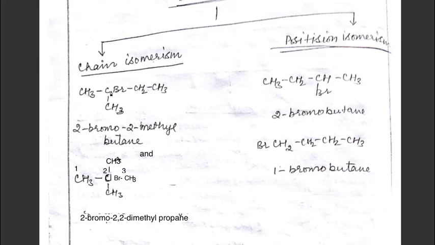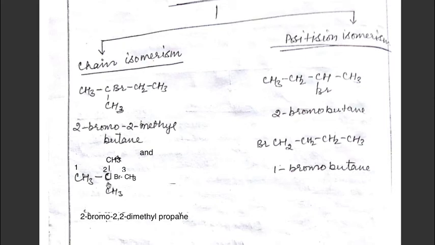So 2-bromo 2-methyl butane, its isomer is 2-bromo 2,2-dimethyl propane. Both are isomers of each other. Which type of isomerism exists? Chain isomerism. This contains butane, chain of 4 carbon atoms, and this is propane, chain of 3 carbon atoms.